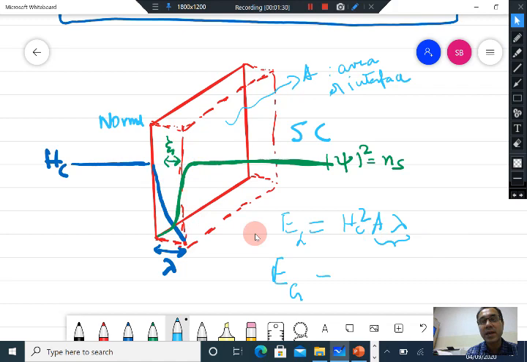The energy gain is because the superconducting state is defined by a superconducting order parameter xi. The entire superconducting state is given by one single order parameter xi, because everything is behaving in unison with every other particle in the system. So the entire system is given by one single wave function xi, and the square of the wave function is nothing else but the density of Cooper pairs inside the system.